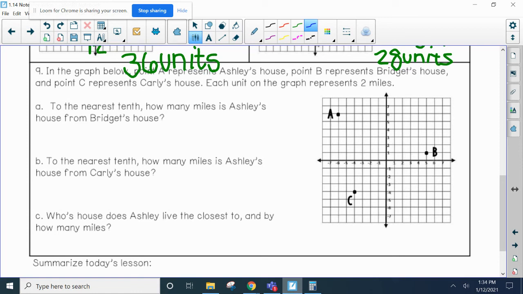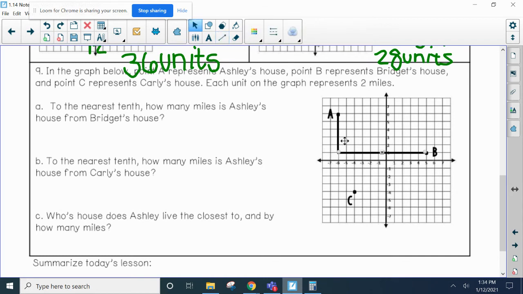So the first one, we need to figure out how far is Ashley from Bridget. So A to B. A to B is here. I went too far on my bottom line.